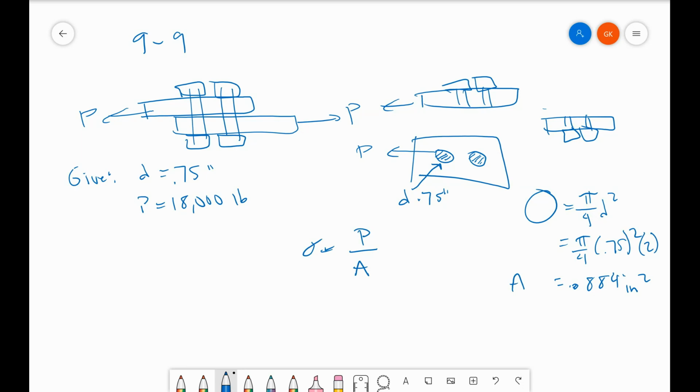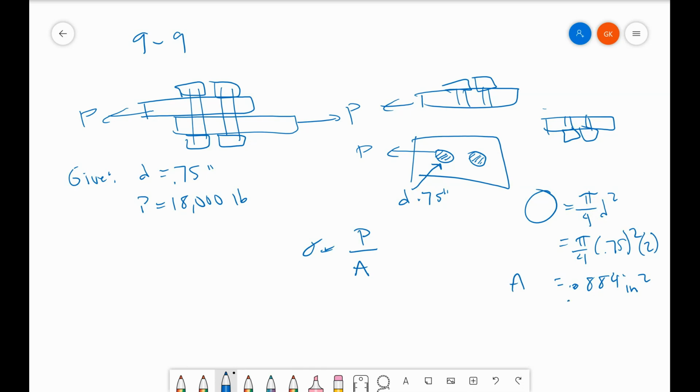And each bolt felt the load, the load of 18,000 pounds. However, when there's both bolts together, they shared that load. So each of them individually would have felt 9,000 pounds, but together they feel 18,000 pounds.